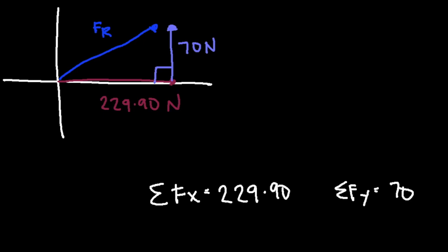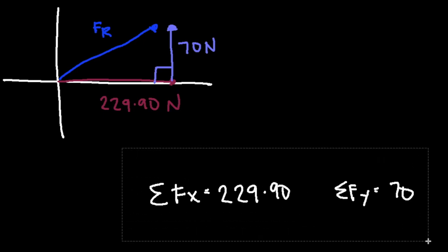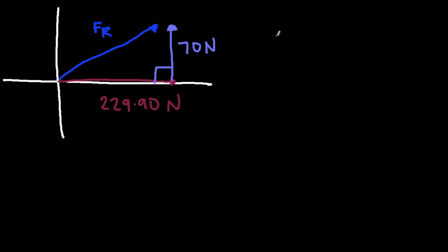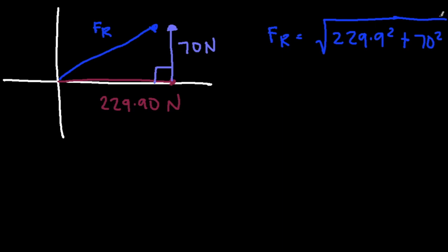At this point, we can now use our Pythagorean formula, which is F of R is equal to the square root of 229.9 squared plus 70 squared. So let's see what our F of R is.